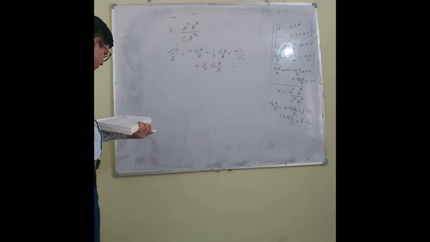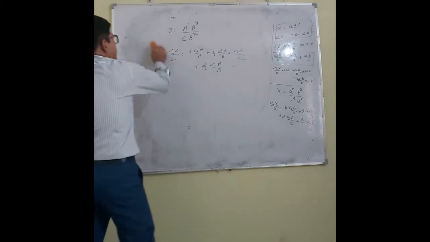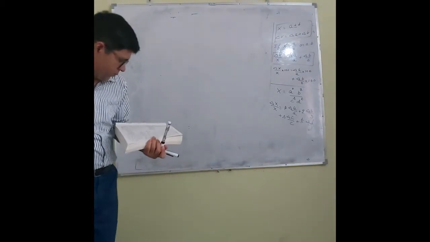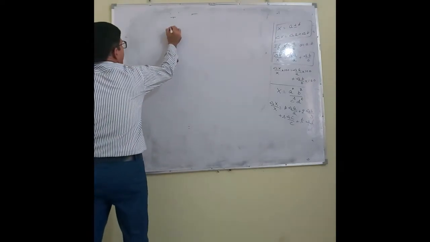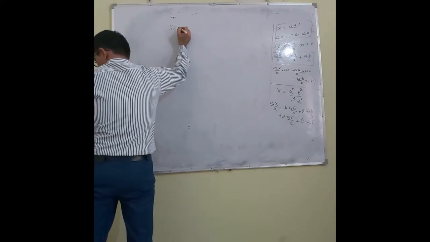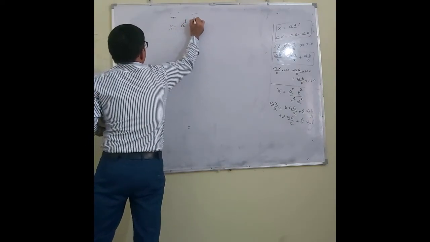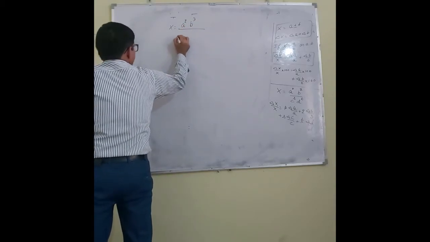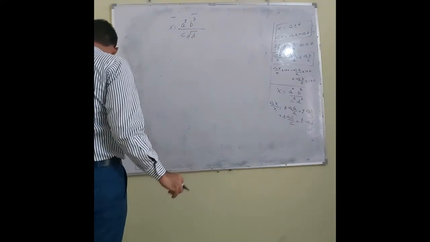Next question. A physical quantity x is given by x equals a square b cube c over under root d.